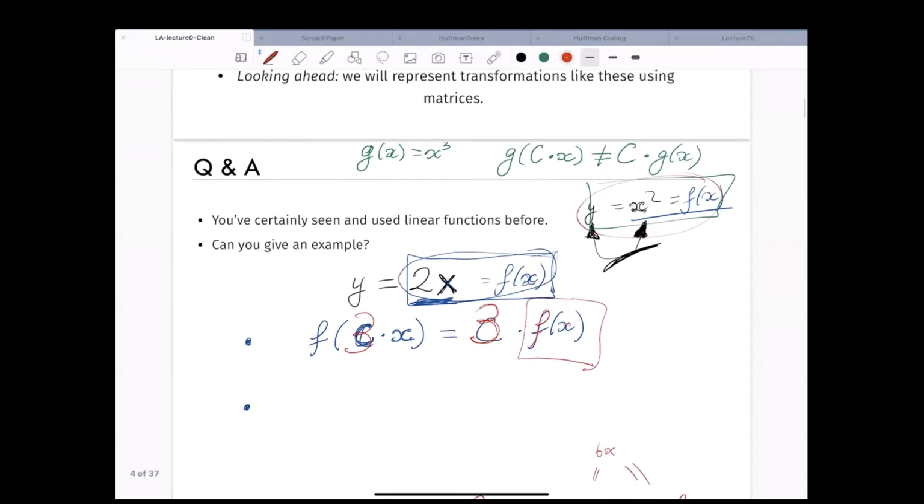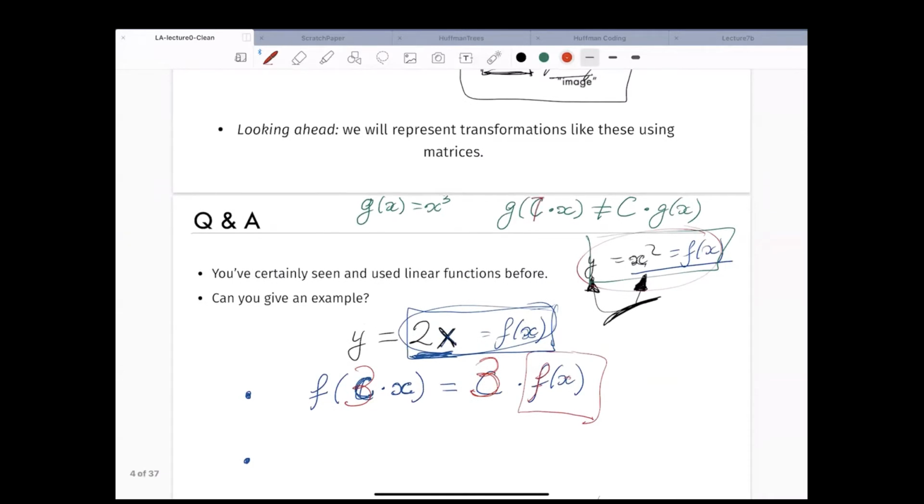Let's take 7. g of 7x is not the same as 7 times g of x. What is g of 7x? It's 7x squared. Well, let's take it squared so that I don't have to compute too much. What is 7 times g of x?